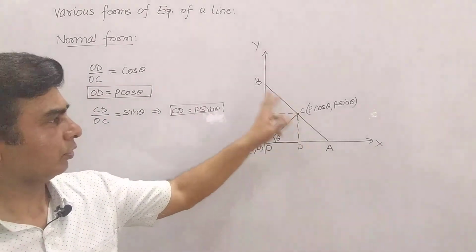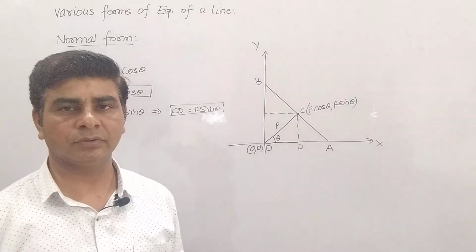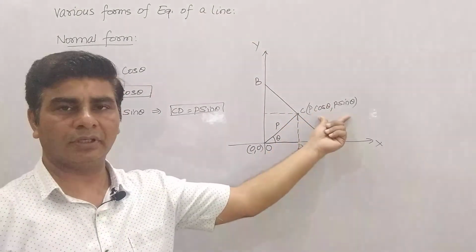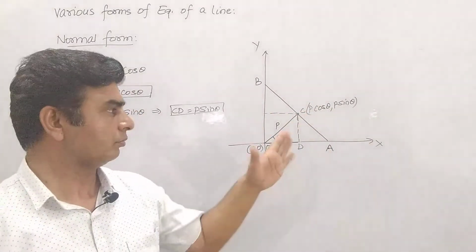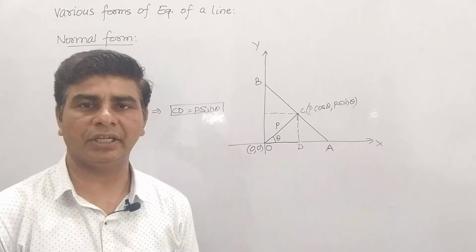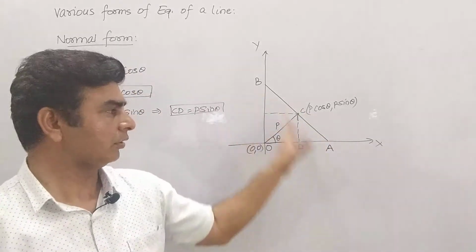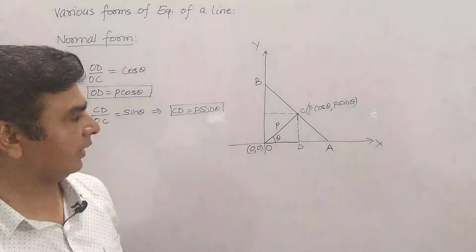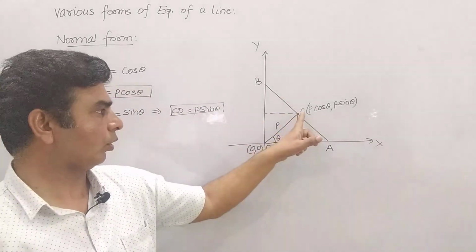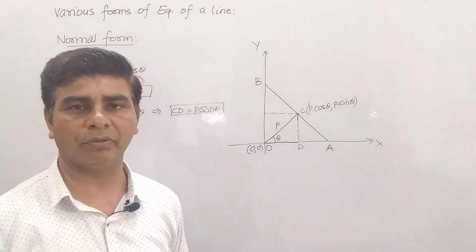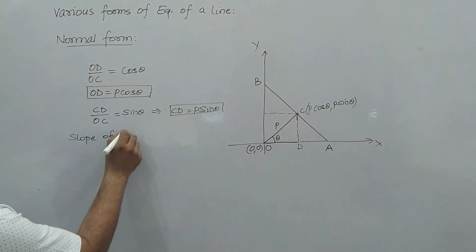Now you can see, if we get the slope of line AB, and already we have found the coordinates of the point C through which the line is passing. For the equation of line AB, we have the point it passes through. I require only the slope, and to find the slope, let's see if we can find the slope of OC, because OC and AB are both perpendicular lines. So let me find the slope of line OC.